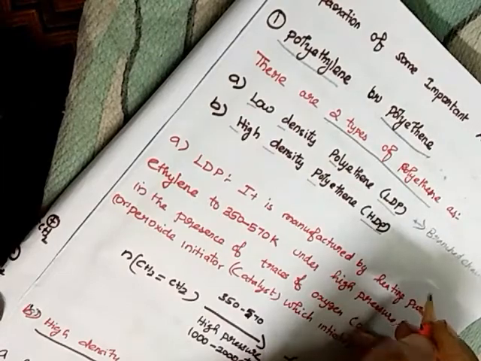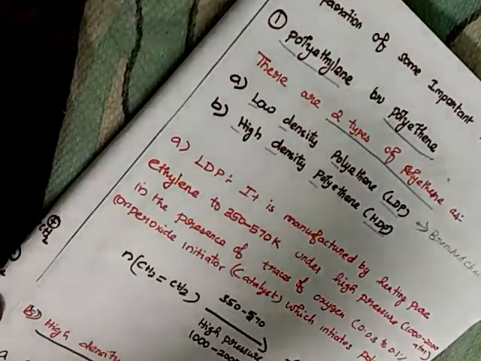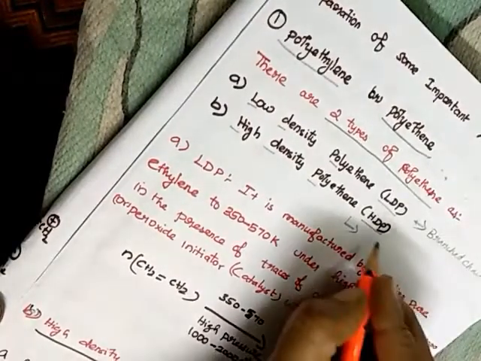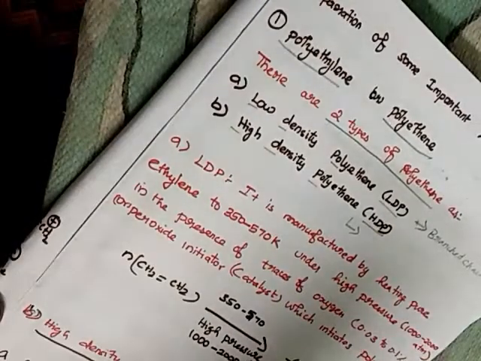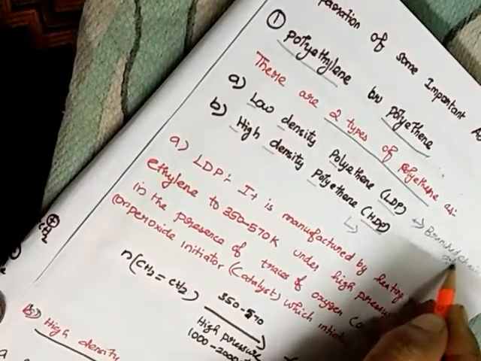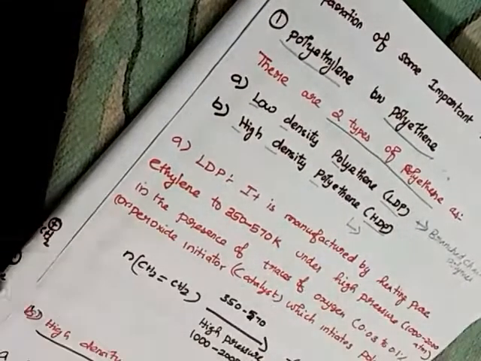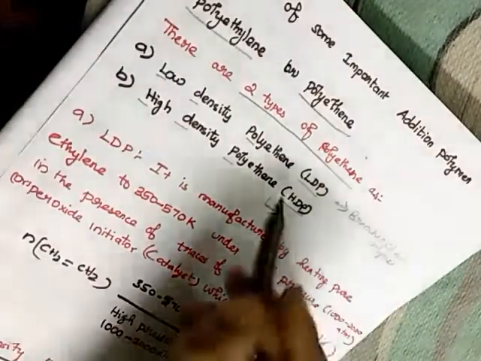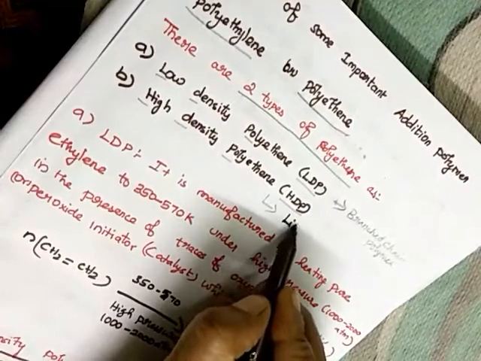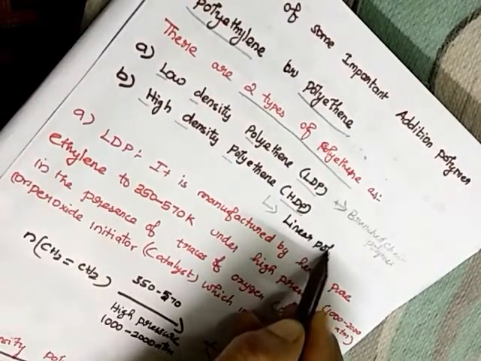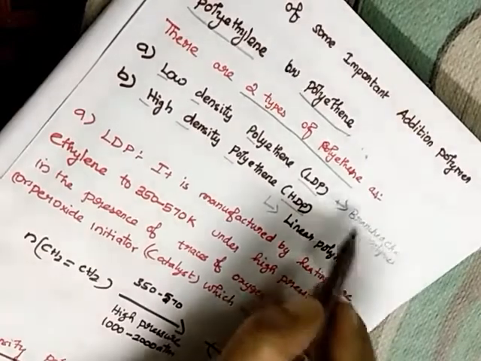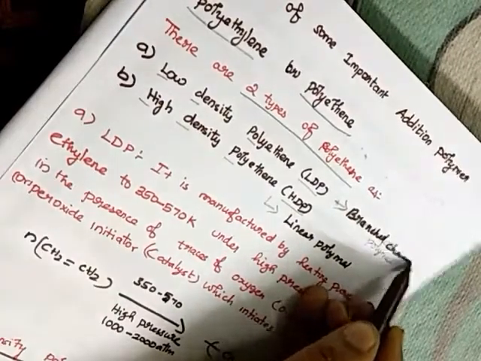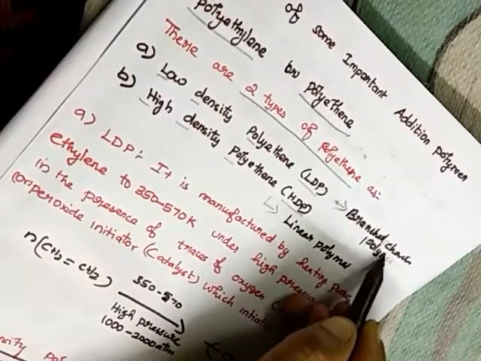Under linear polymer we saw high density polythene, and under branched chain polymer we saw low density polythene. So HDP comes under linear polymer, and LDP comes under branched chain polymer. Did you remember? Okay.